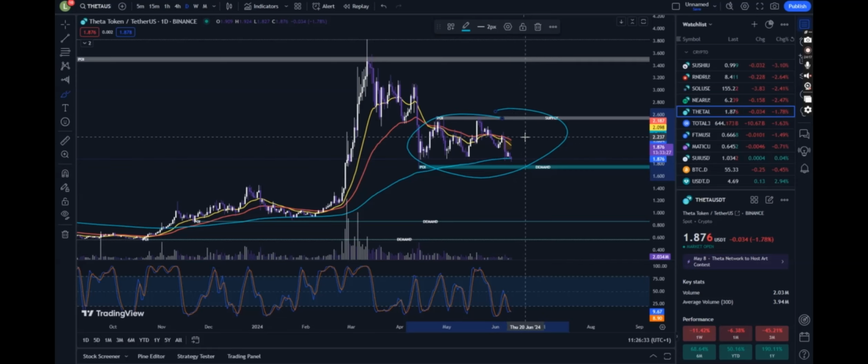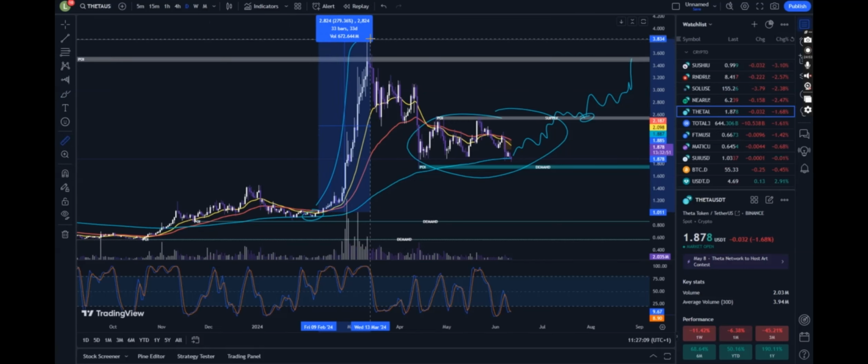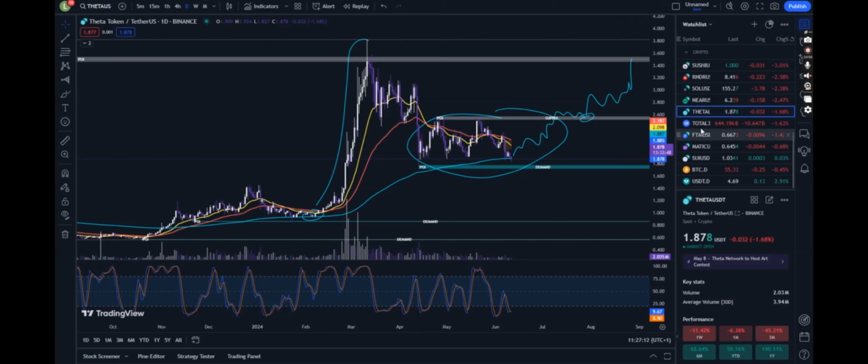If we can get a bounce off that 200, then we could potentially start to see a move back up here into this area, and you want to see it hold that supply zone there, turn that into a demand zone, and then another push up into that next supply zone. Certain areas where you want to be looking. My first buy on Theta was here at the squeeze, and I cashed out here at that area. So from here to here, I've got a 280% move.